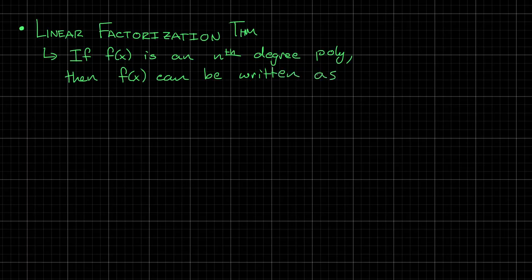If we have an nth degree polynomial, then f of x can be written as the product of n linear factors. And I'm going to even sneak in linear prime factors. And I'm sorry about that.